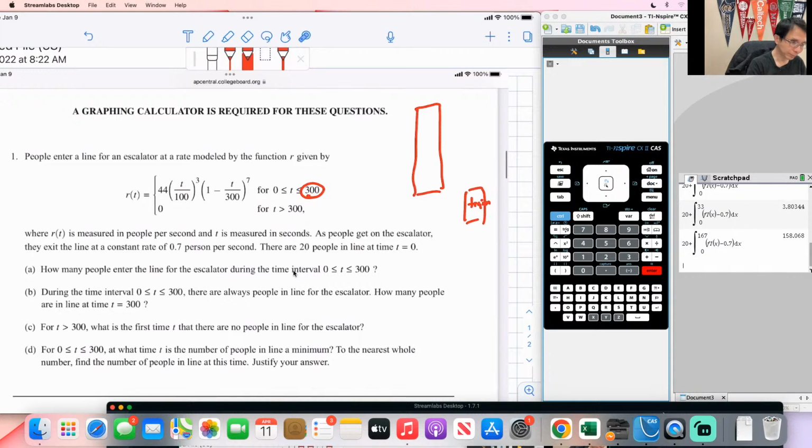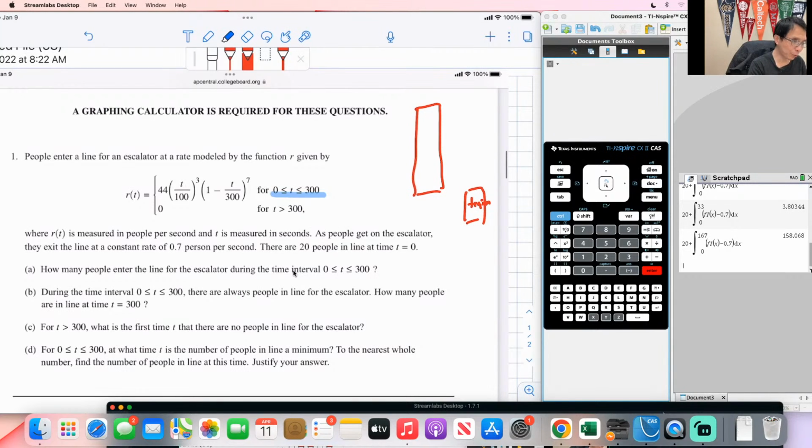Now let's annotate all the stuff. This is super important: when you graph it, make sure you graph between 0 and 300. Most of you graphed negative 10 to 10, and your normal zoom window is not able to show the whole graph.